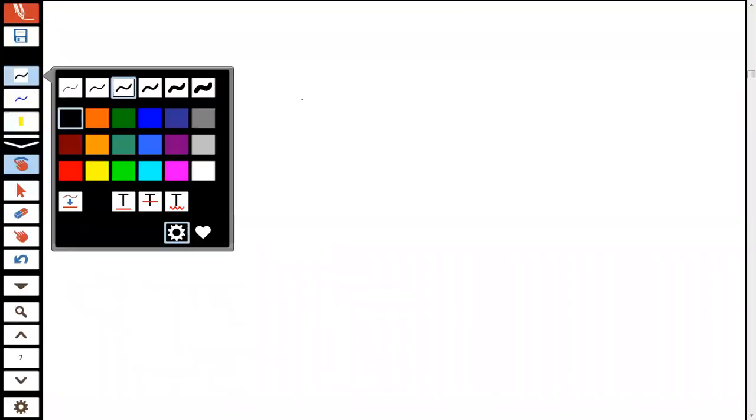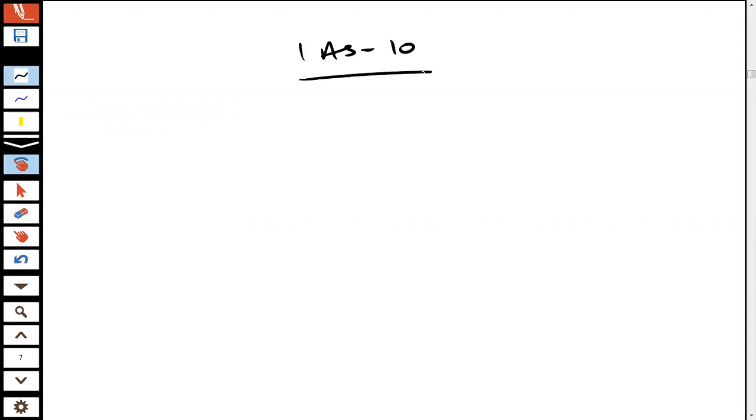Let's move a bit forward and discuss the next accounting standard, which is IAS 10. What is this IAS 10? IAS 10 is events after the reporting period.